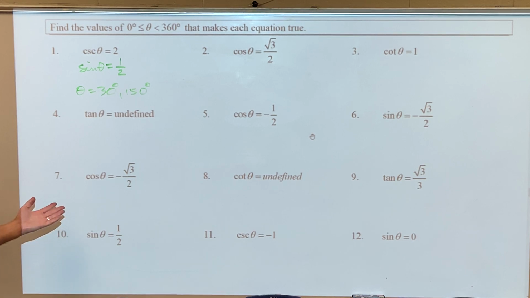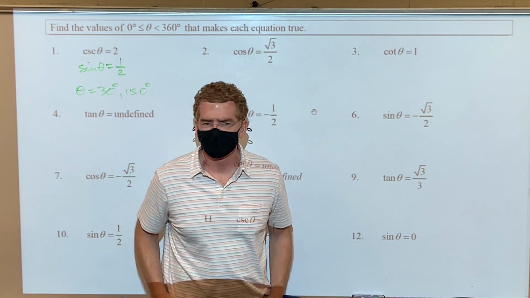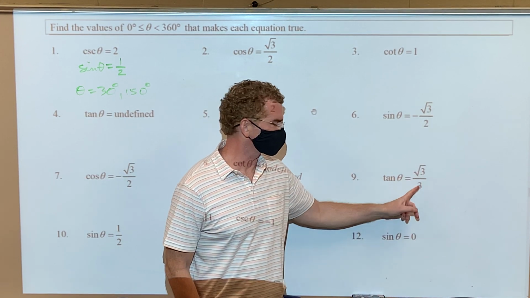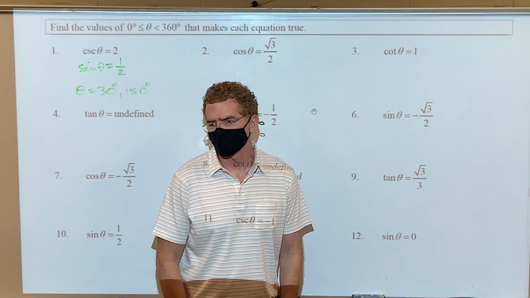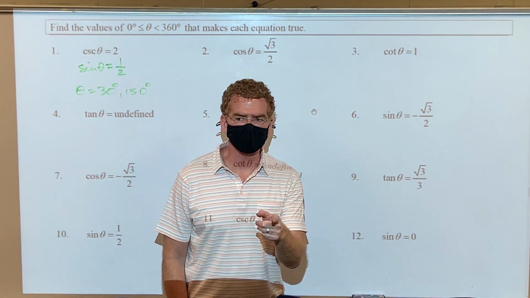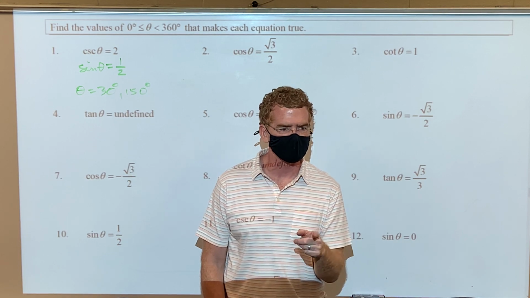But here's where it gets a little tricky. Jump to number 9. Now, what coordinate is tangent linked to? Y and x. Now, what y-x combination gives me root 3 over 3 when it's all simplified? That's where it's trickier, right? Because it's already been simplified. But if I already have memorized, wait a minute, at what angles did root 3 over 3 occur?